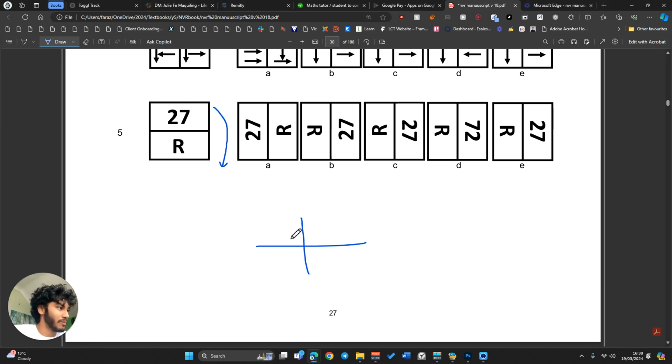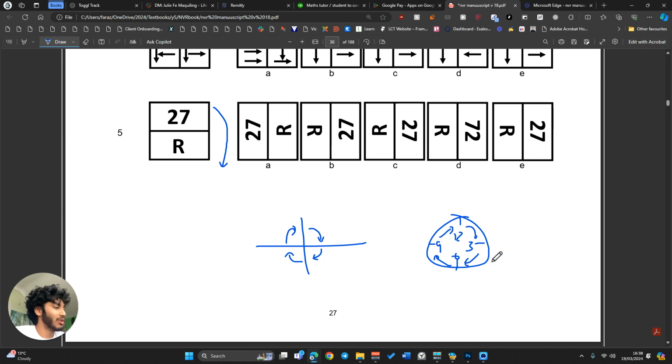The reason I'm drawing this axis is you can either rotate all the way around, which is 360, or you can rotate 90 degrees here. So each of these is a 90 degree turn, and again you can imagine it like a clock. So you've got 12 o'clock here, 6, 3 and 9. So each of these is a 90 degree turn basically.